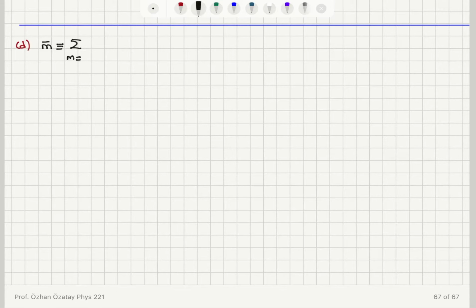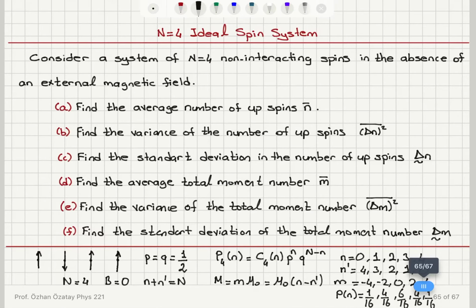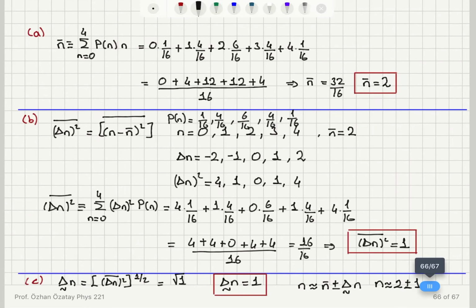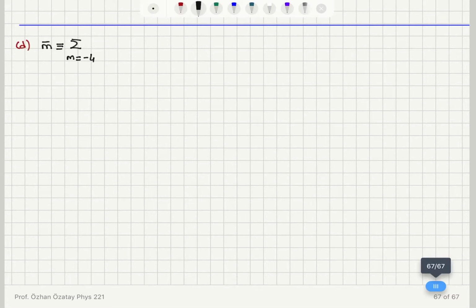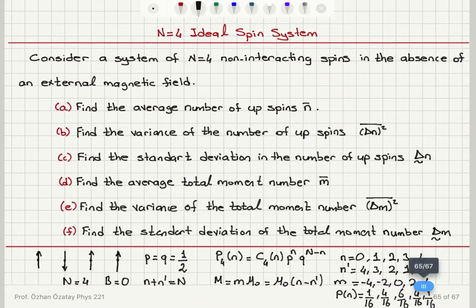M goes from -4, let me remind myself of the possible values, to +4 in units of 2, but I shouldn't show this with the summation sign because it's not increasing one by one.